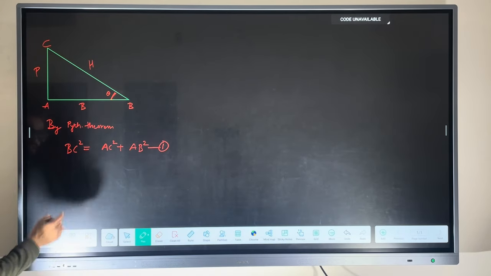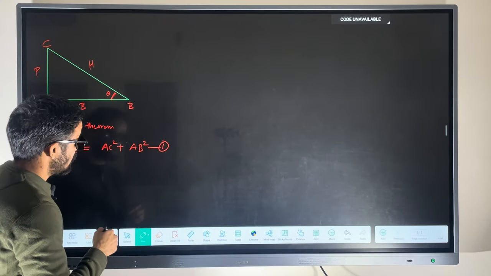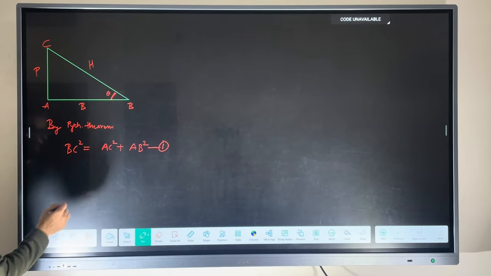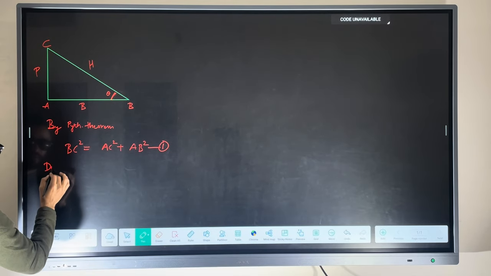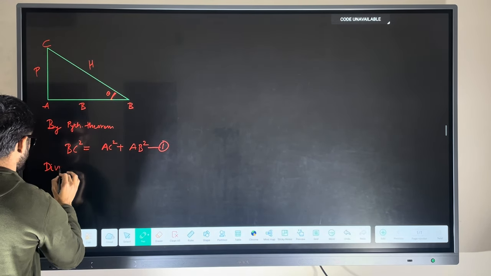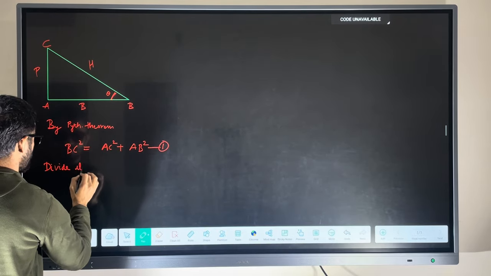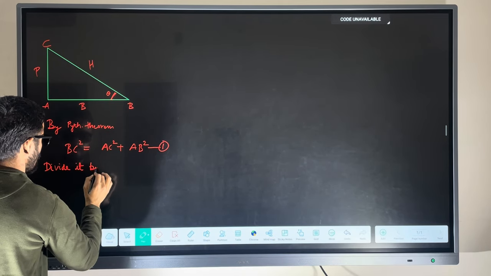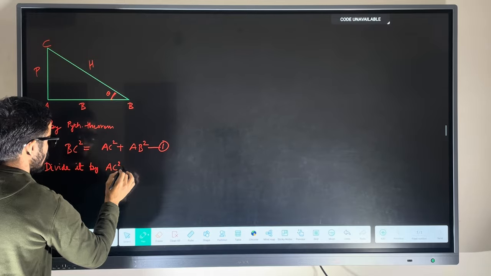Now in the last part we divided by BC square. Now divide it by AC square.